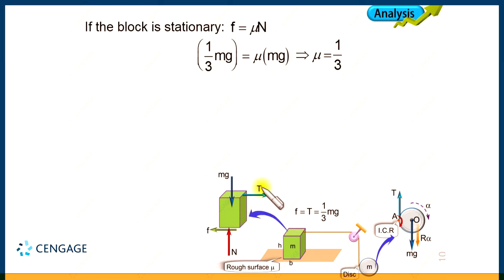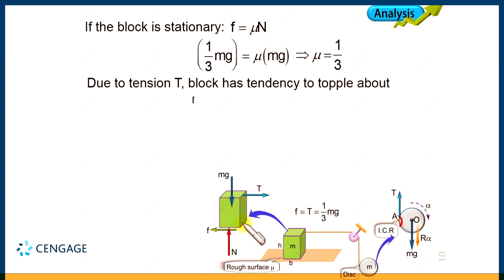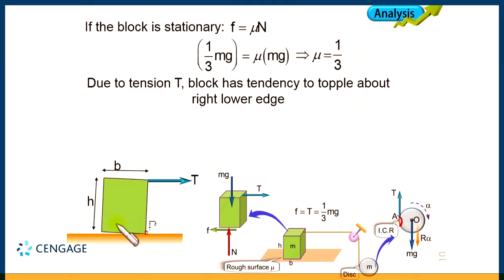That means if we increase the value of capital T, this block has an overturning tendency or toppling tendency about the right lower edge, right? That means this overall body, or you can say this block, will start rotating about this axis. That means the base of the block will leave the ground and the situation will be somewhat like this, right?